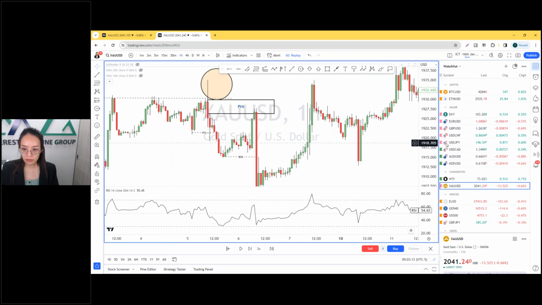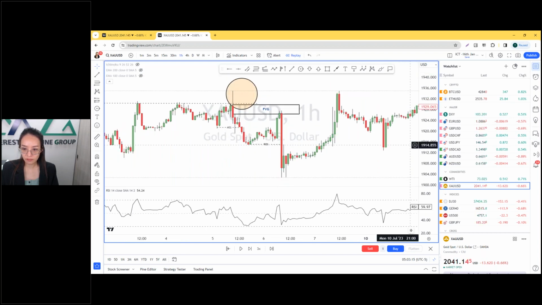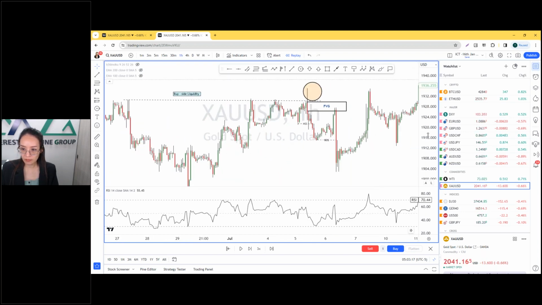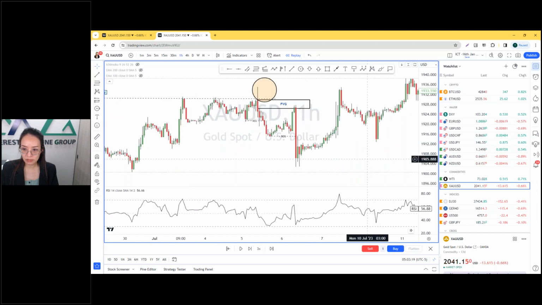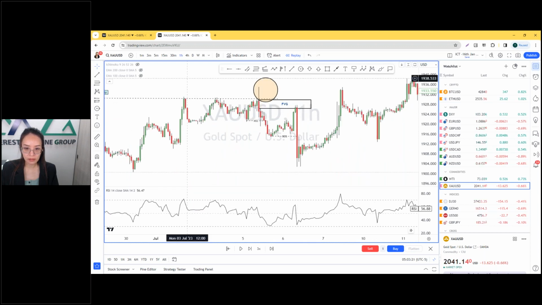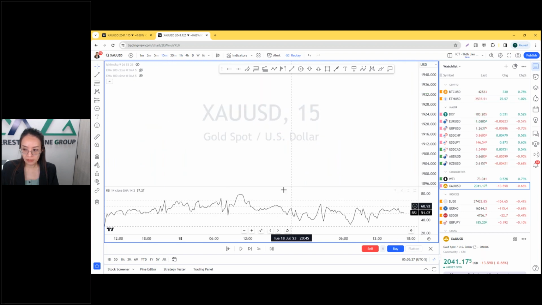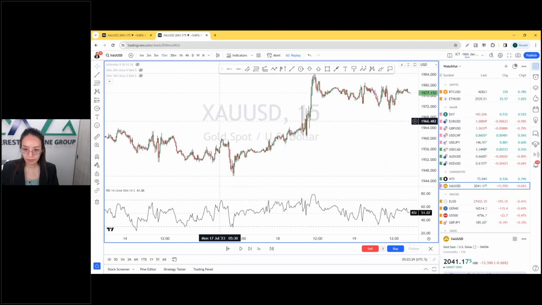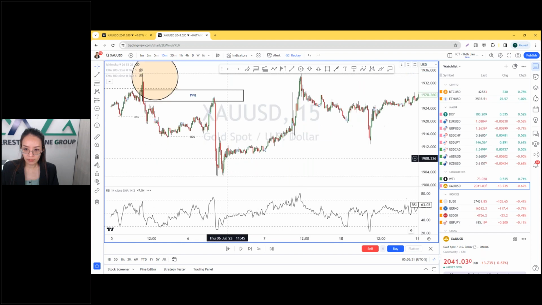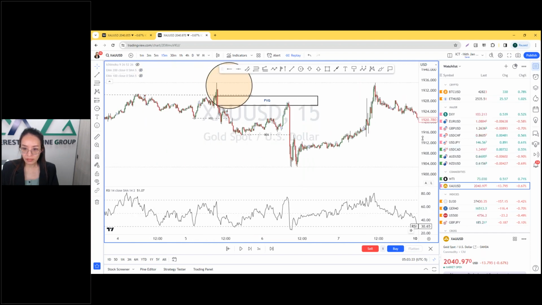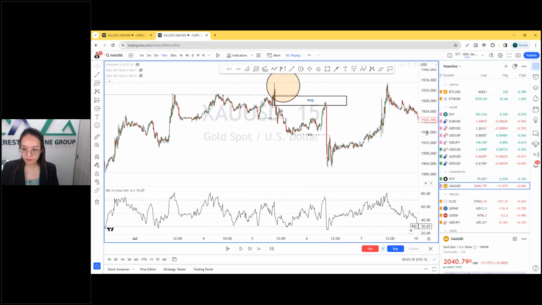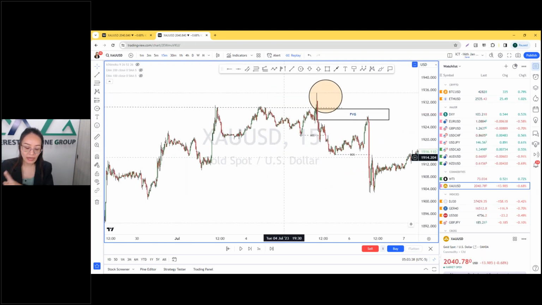For this one, what I marked over here, this is a very good market structure. I even go down to M15, okay, because on the higher time frame you know that price really broke the low, right?